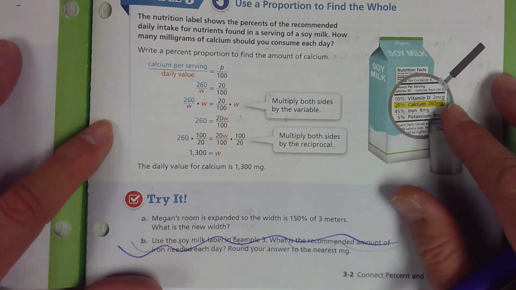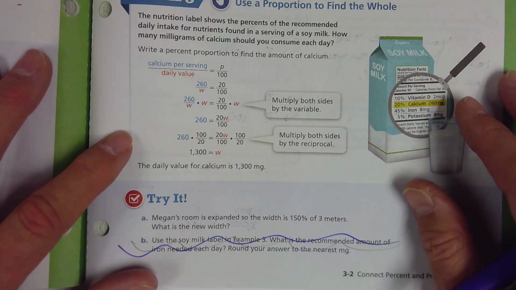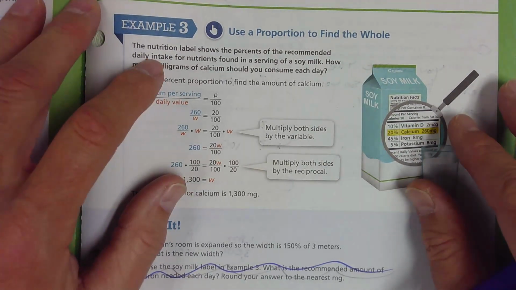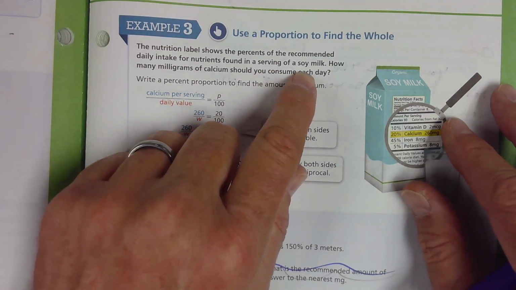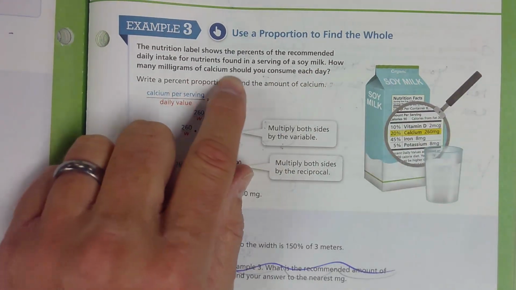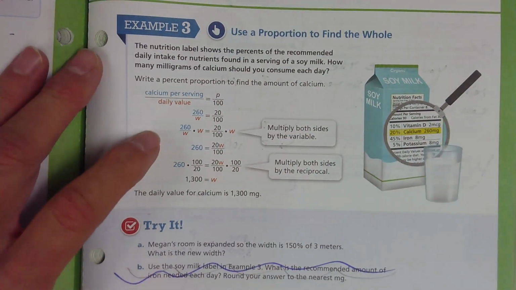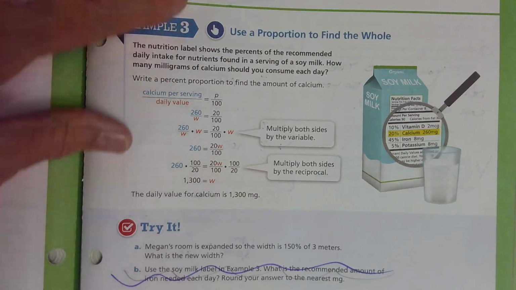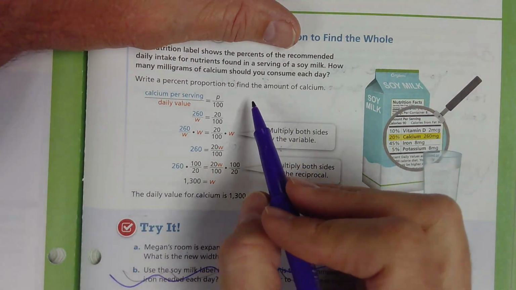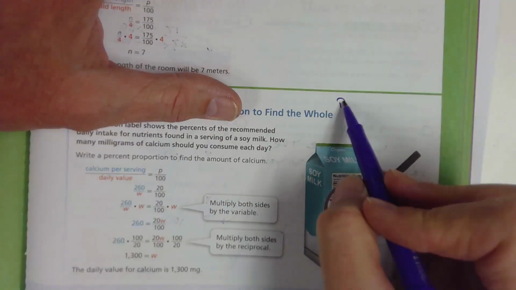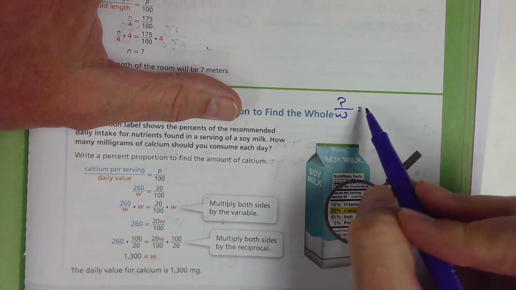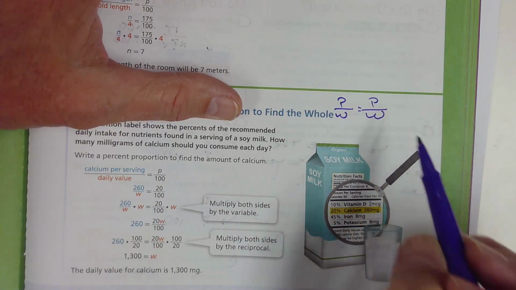Example 3. So a nutrition label shows the percent of the recommended daily intake for nutrients found in a serving of soy milk. How many milligrams of calcium should you consume each day? All right, so remember, one way to look at this would be it's always part over the whole equals part over the whole.